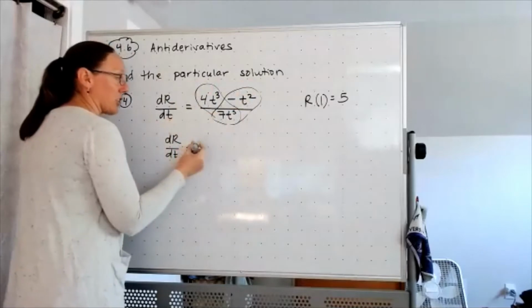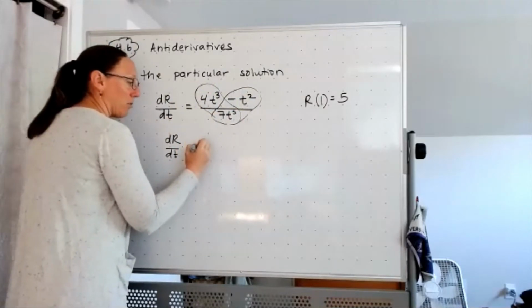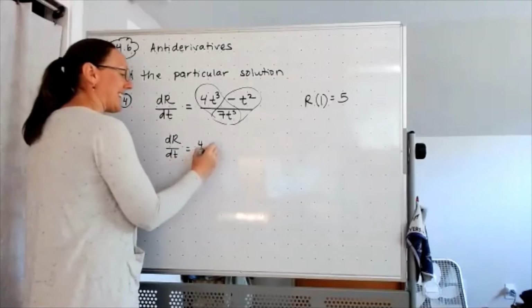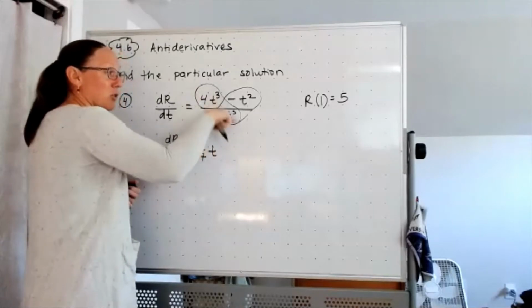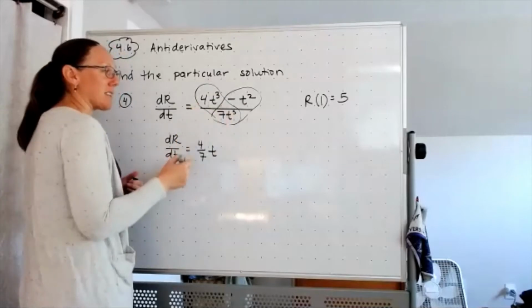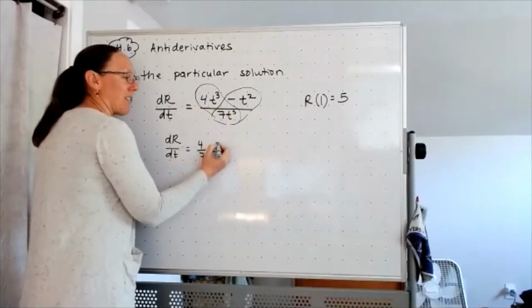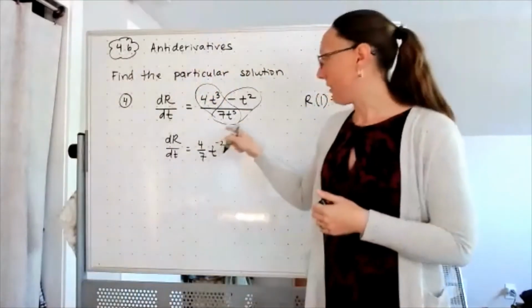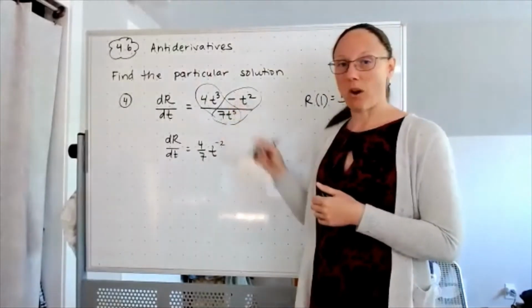On that first fraction, I know that I'm going to end up with 4 over 7 for the number part. And then for the t's, I'm going to subtract the exponents because we've got division. So t cubed over t to the fifth, I'm going to end up with t to the negative 2. Here, there's an invisible 1 on top.